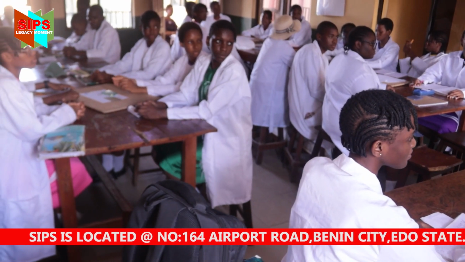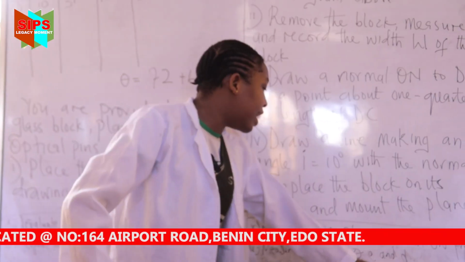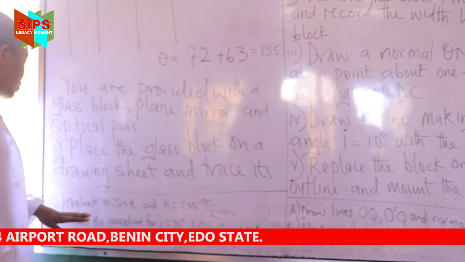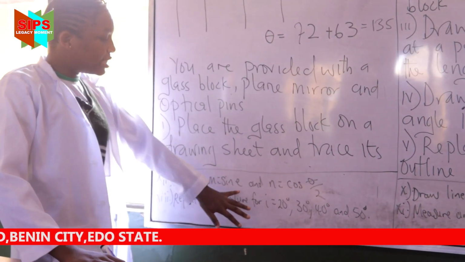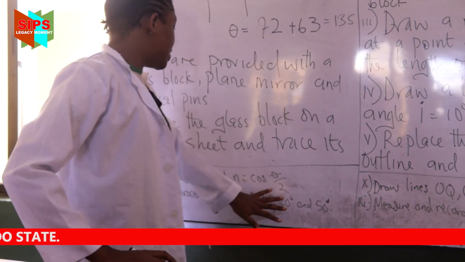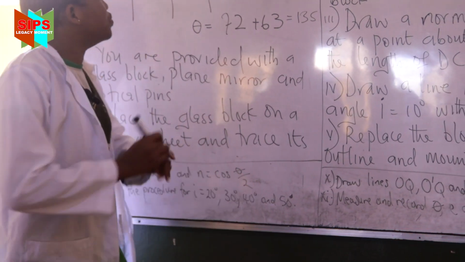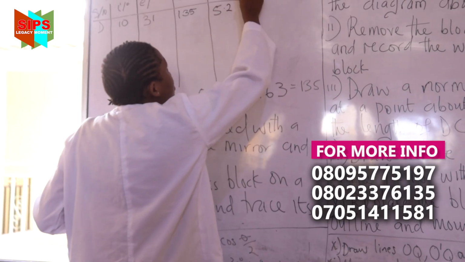So after measuring and recording theta, E, and D, I am going to evaluate M, which is equal to sine E, and N, which is equal to cos theta over 2. So I'll add that to my table.